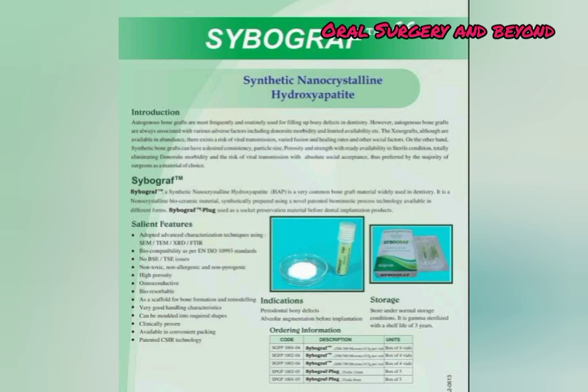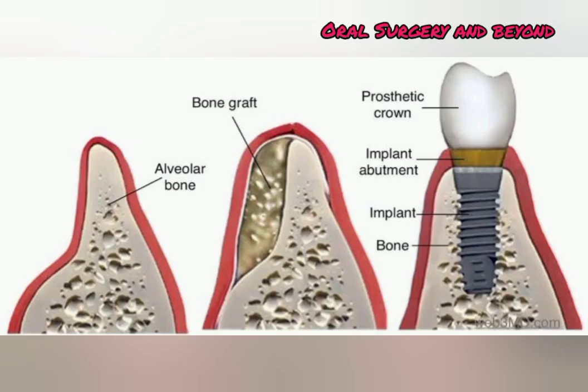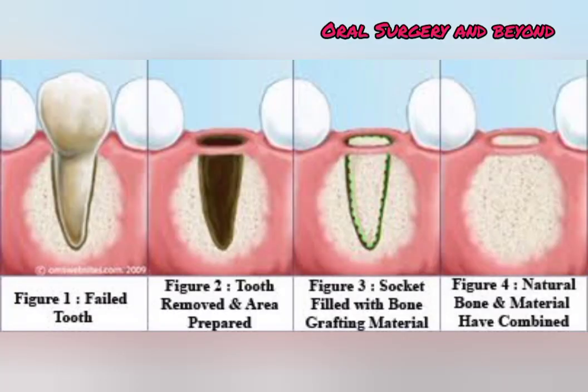periodontal defects also. As we know, bone grafts are mostly indicated for implant surgery. Here in these images, the width of the bone is less, so a full thickness mucoperiosteal flap is reflected and the bone graft material is placed. After the bone graft, we have to close the surgical site and wait a few days to months for new bone to form, and then the implant is placed.